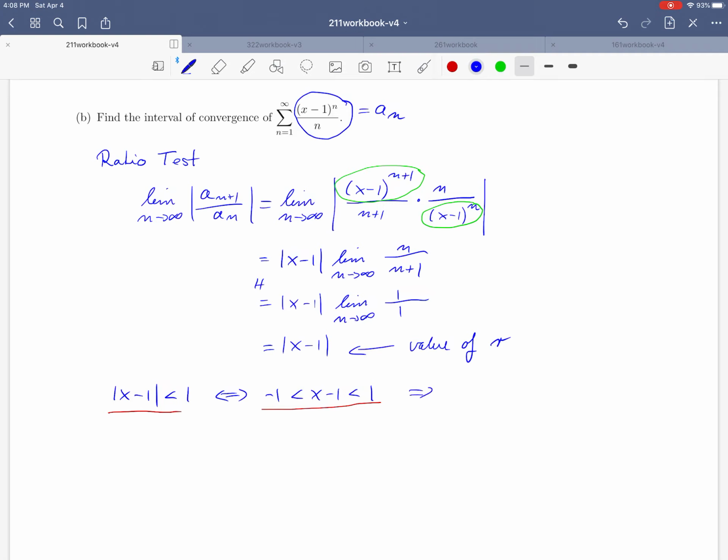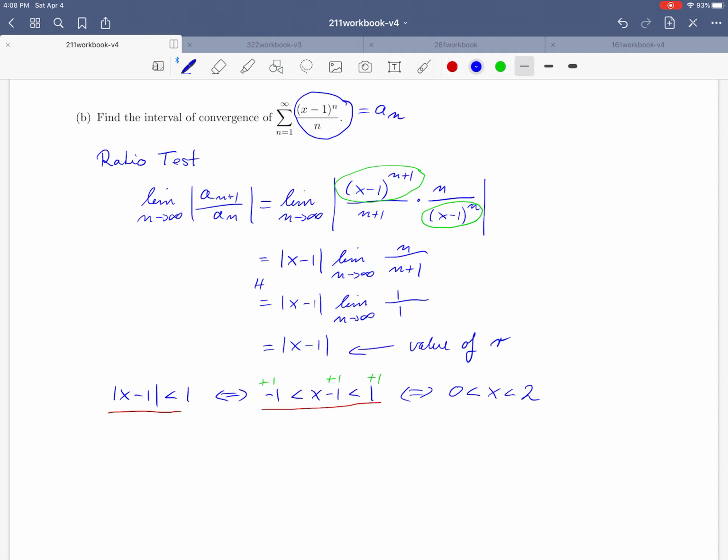And now we can rewrite this one more time. We want to know for what values of x we get convergence, so I would like to solve this inequality for x. I can do that by adding 1 everywhere. Adding 1 gives me 0 is less than x is less than 2.